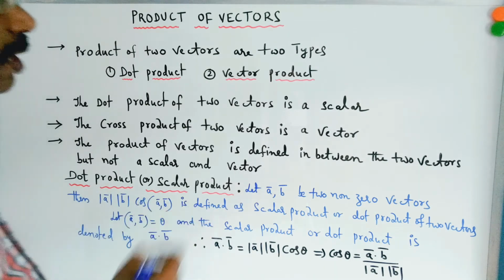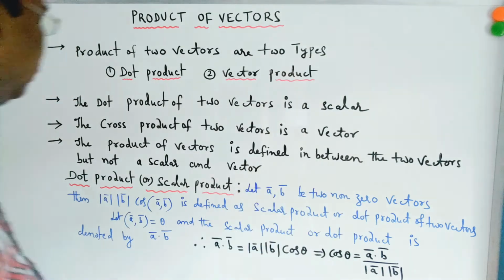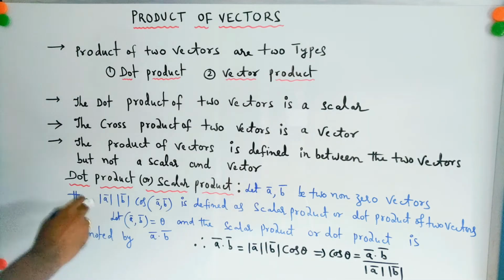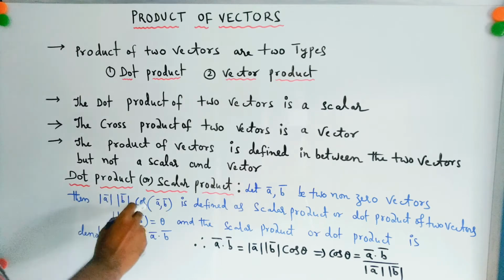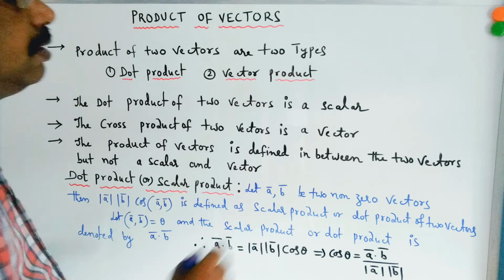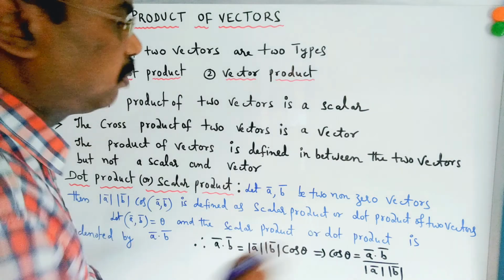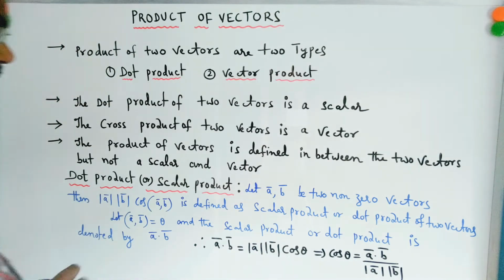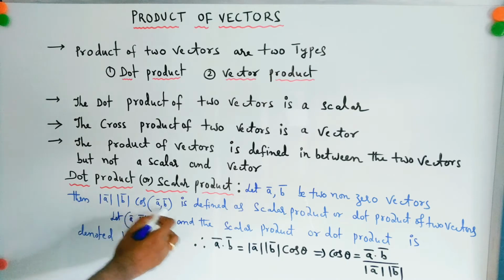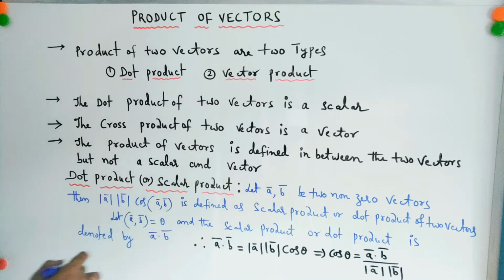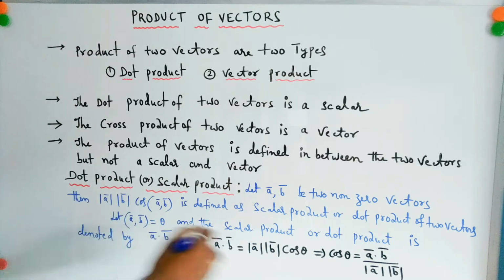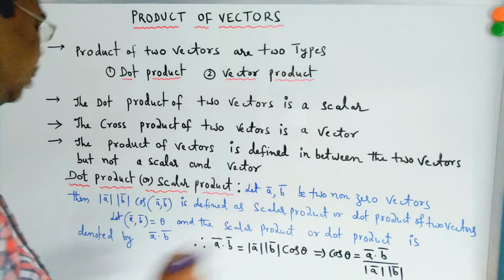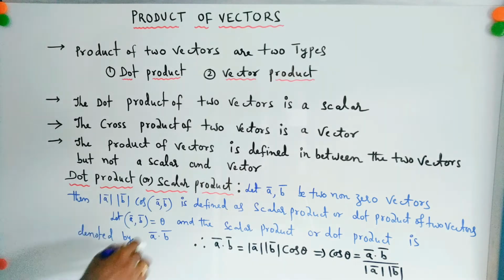Next, definition of a dot product or scalar product. Let A bar, B bar be two non-zero vectors, then mod A bar mod B bar cos of the angle between A bar comma B bar is defined as the scalar product or dot product of two vectors. Let the angle between A bar comma B bar be theta, and the scalar product or dot product is denoted by A bar dot B bar.